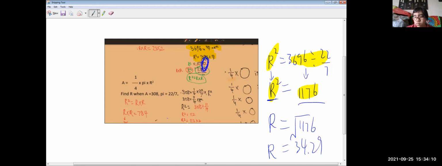Similarly, go to this question. R squared is 112. What are you going to do next? R is equal to the square root of 112.